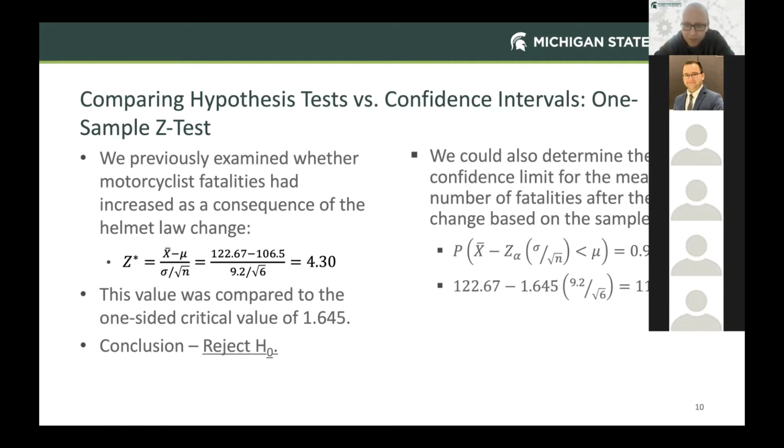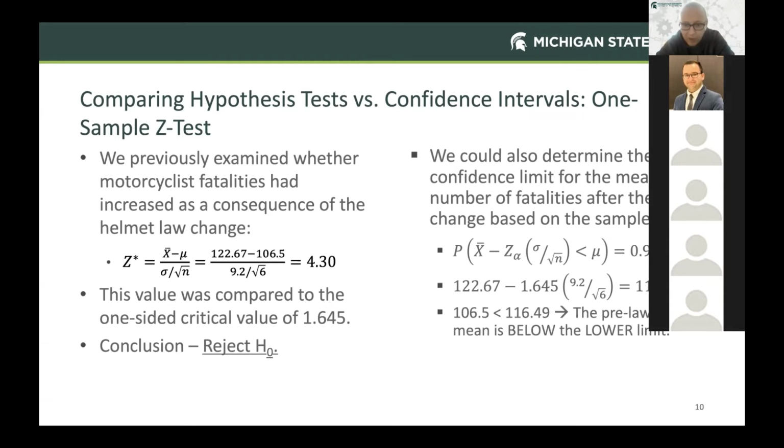And so this basically tells us that that lower limit we would expect to see for mu based upon the sample data that we've collected. If we assume the null hypothesis is true, we would see values that are greater than or equal to 116.49 95% of the time, okay?